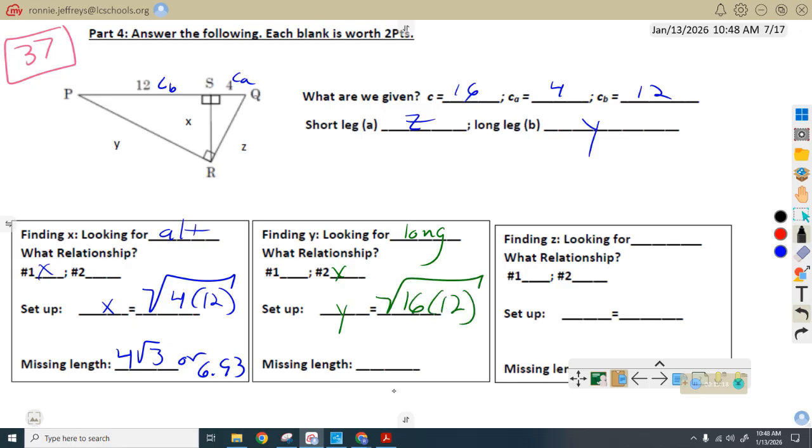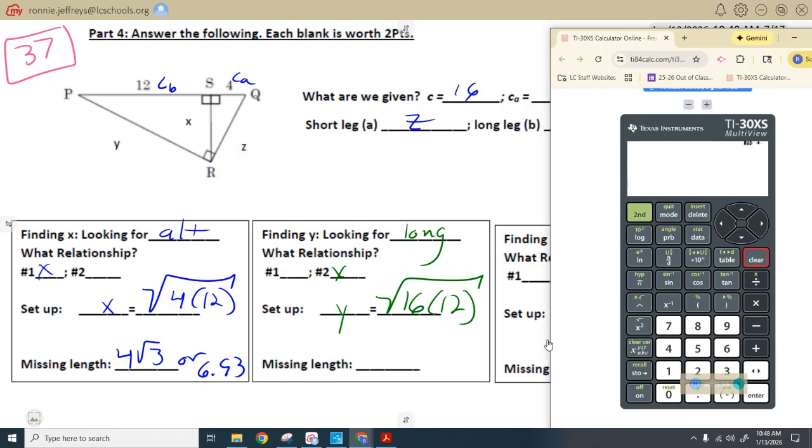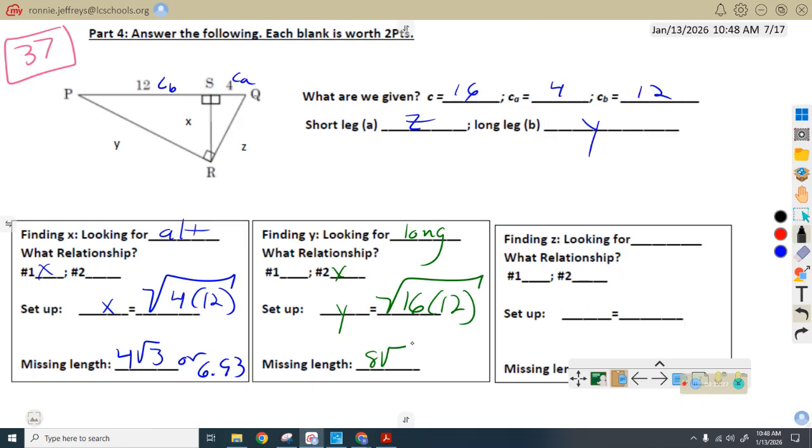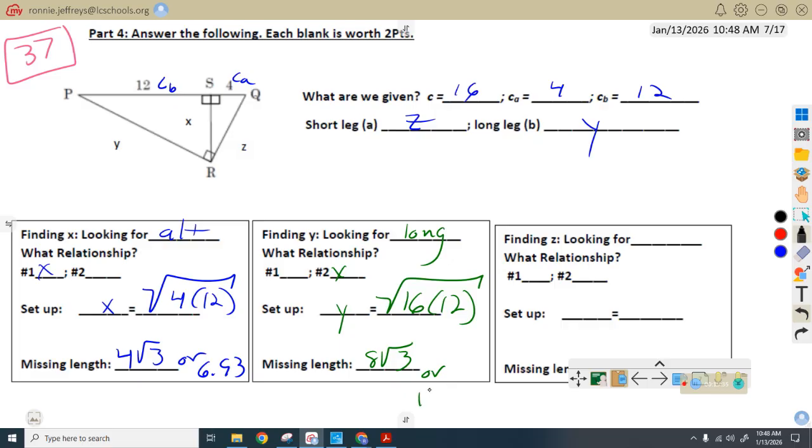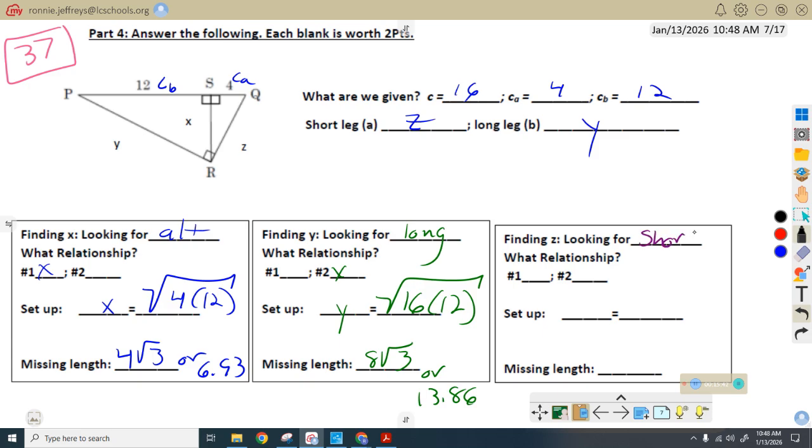Then square root of 16 times 12, which is 8 root 3 or 13.86. And then this is our short. Example 2. C equals square root of 4 times 16, which is square root of 64, which is 8. All right.